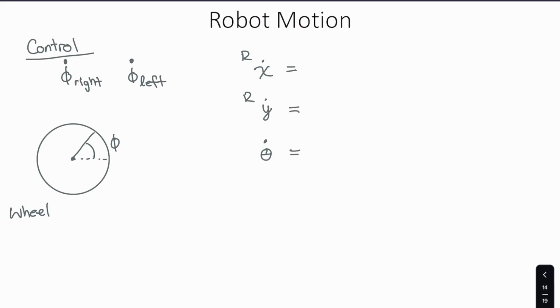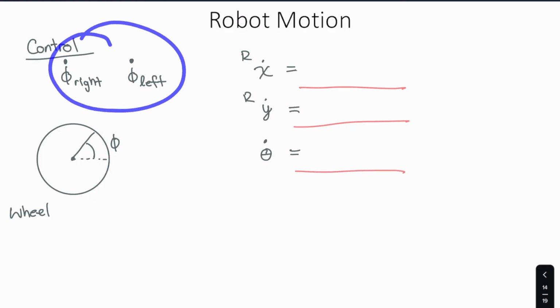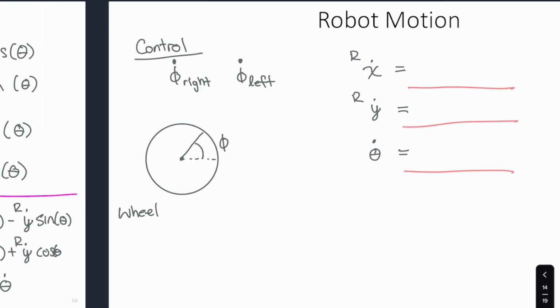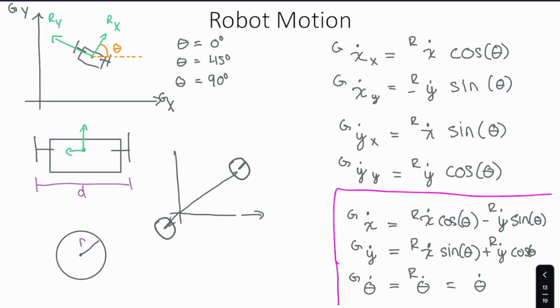So we want some equations that are dependent upon these two quantities and any geometry that we need to take into account. So let me drag some of that over from the previous slide.